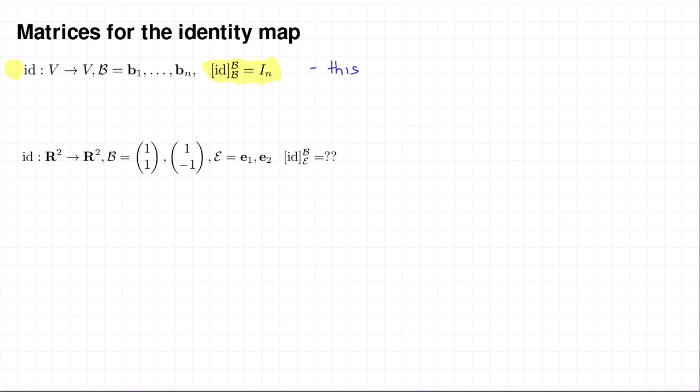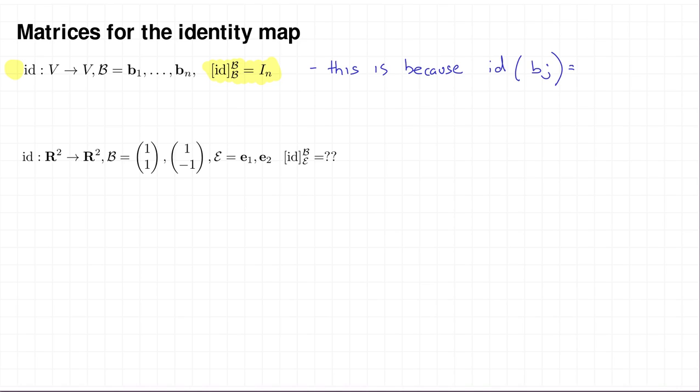The reason is, well, if you wanted to find the jth column of the matrix of the identity map with respect to initial basis B and final basis B, what you have to do is work out the identity map applied to the jth basis element and express that in terms of the basis B1 up to Bn. But the identity map doesn't do anything, it just gives you Bj back again.